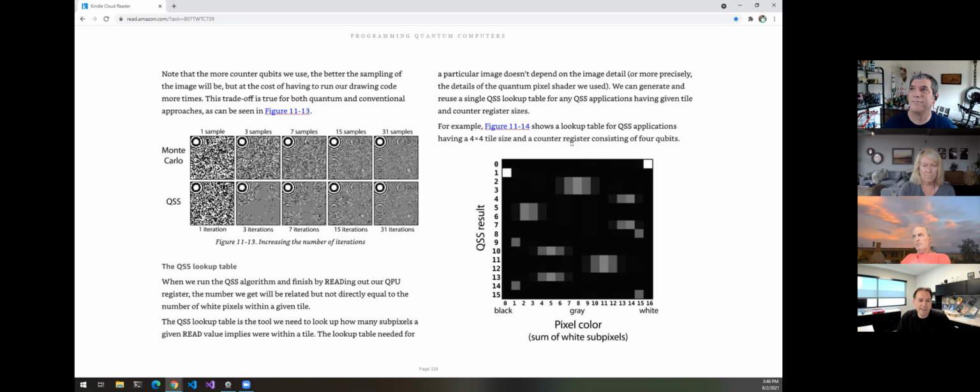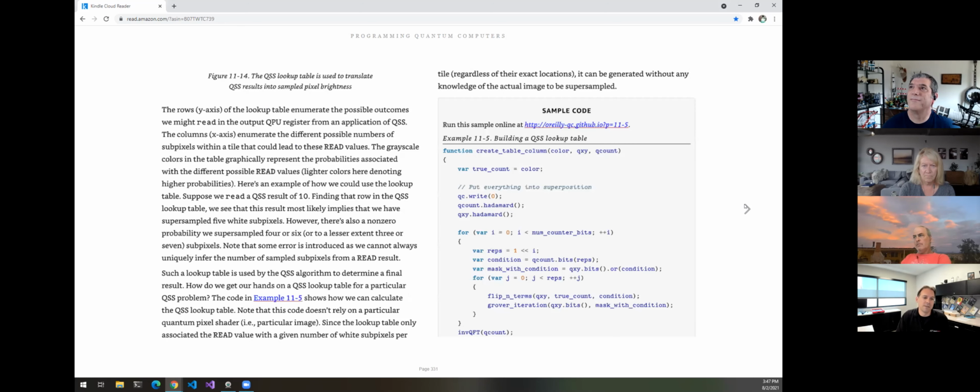And so the way he says to read this is you've got your result of what you get from the QFT on the vertical axis, and then, again, I don't know if this is really the confidence, or let's see, it says, yeah, the x-axis, and numerous possible outcomes we might read.